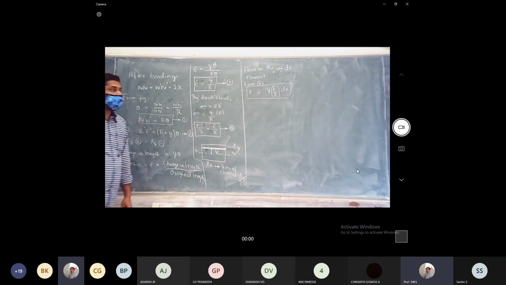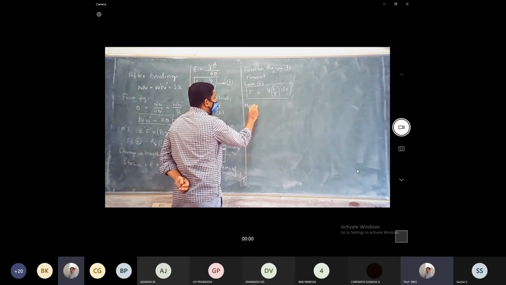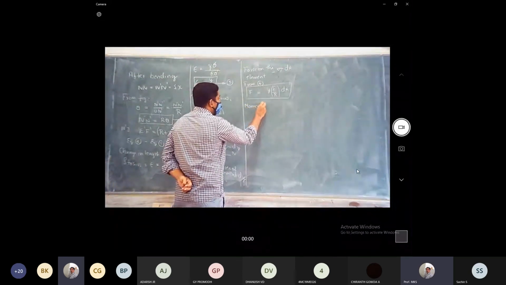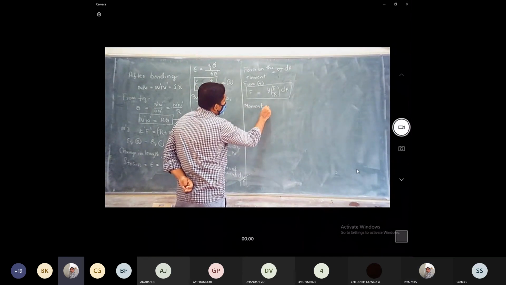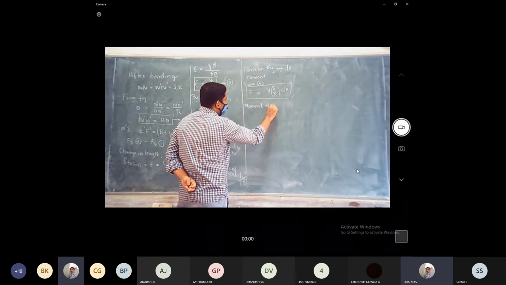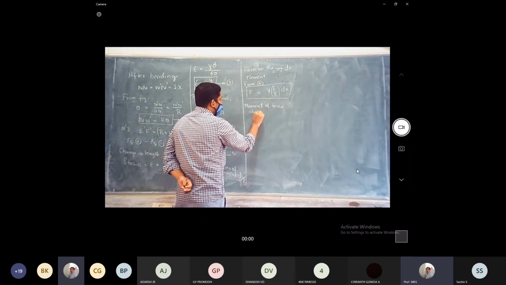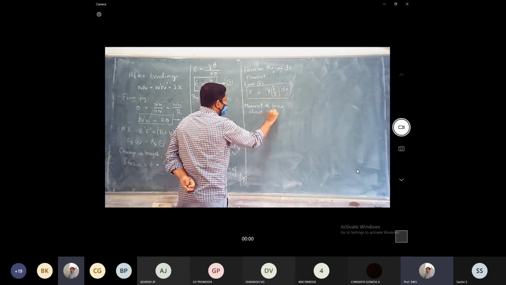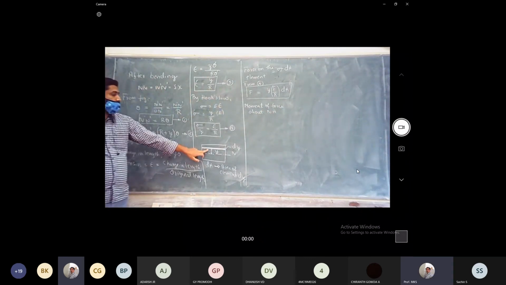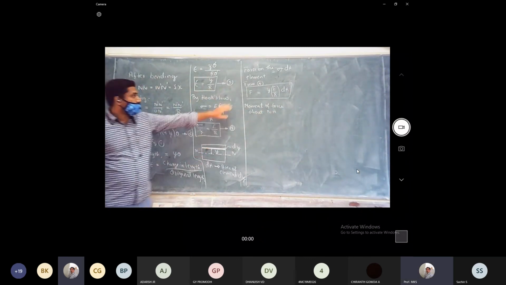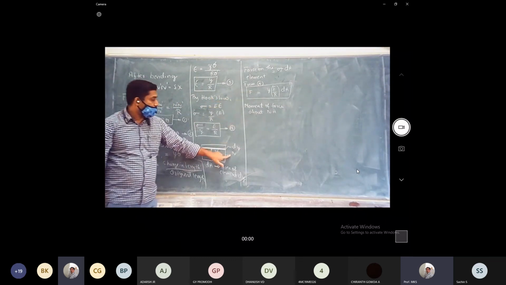So now, the moment of this force about the neutral axis. What is the moment of this force for the element dy about the neutral axis?